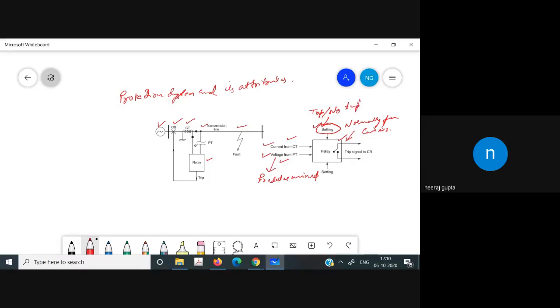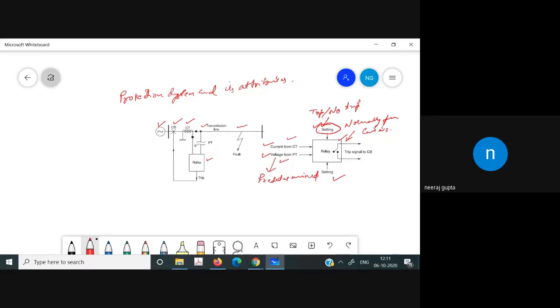This is the main function of the relay. This is the conceptual diagram of the relay: it takes the current and the voltage from CT and PT, processes that information with some predetermined logic, arrives at some value and compares it with the setting, and then gives the decision whether to trip or not trip depending upon the setting of the relay.